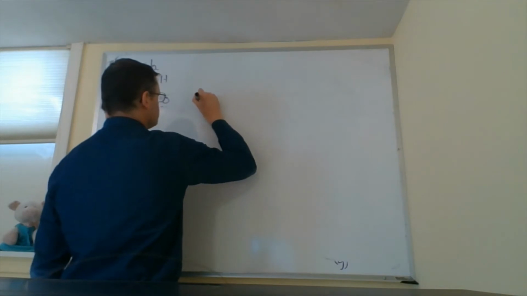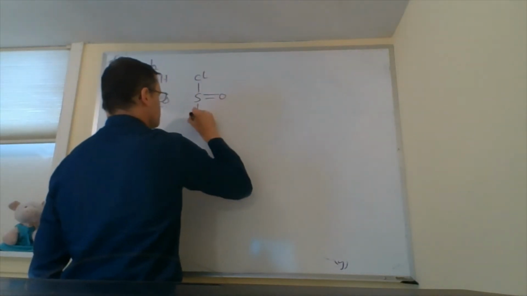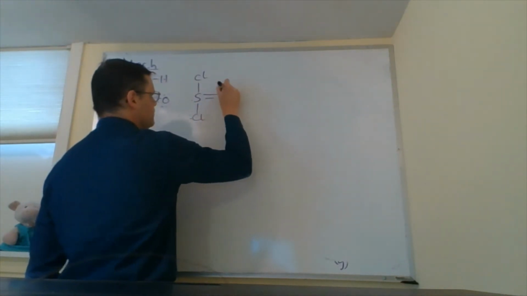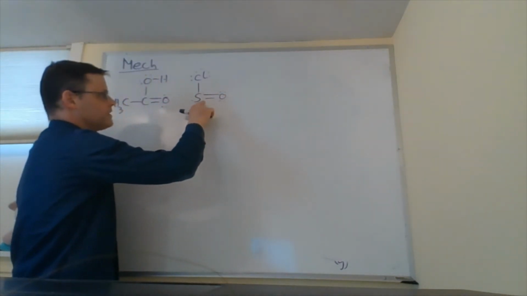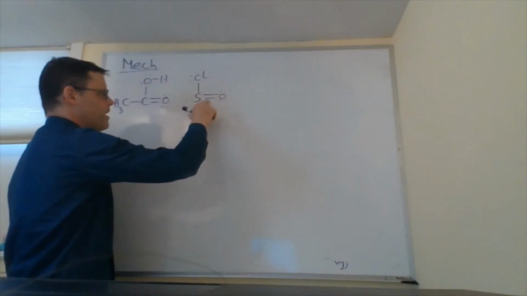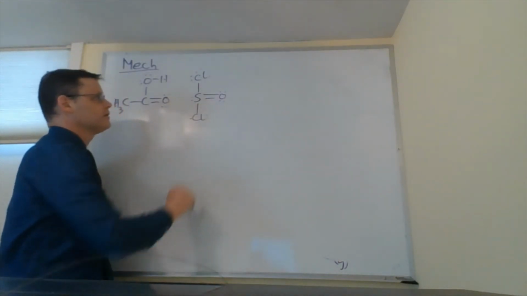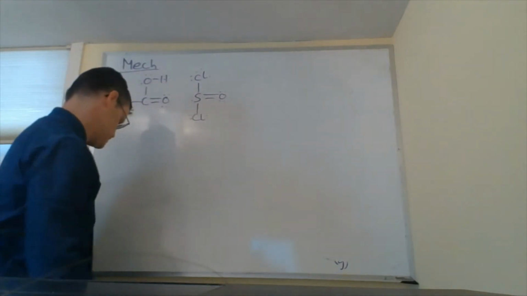And the first thing that's going to happen, if you remember earlier, I said this sulfur atom is very electrophilic because of the presence of these electronegative atoms, kind of analogous to a carbonyl. We could draw a resonance form that would put a plus charge there.